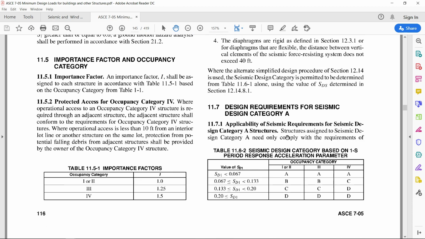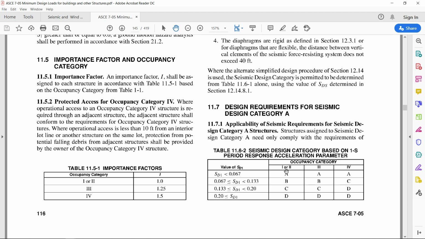And there is one more table which shows for 1 second period, if the response spectrum falls in this range, then the seismic design category should be checked here, and the structure should be assigned the seismic design category. So in short, we have to check the seismic design category of the structure which we are going to design, and based on this seismic design category we have to provide the detailing.